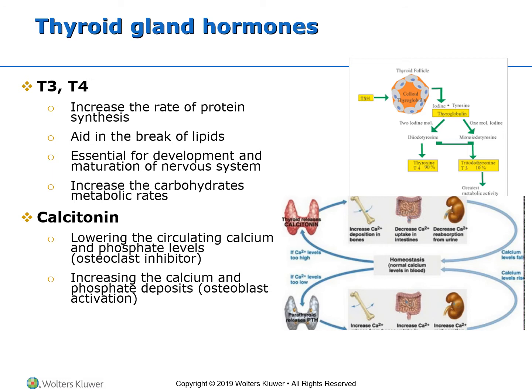The parathyroid hormones, those that are secreted by the parathyroid glands, will have just the opposite activity, completely in a mirror, opposite activity from calcitonin. The parathyroid will stimulate the osteoclasts, will remove the calcium from the bones, and will increase the elimination of calcium in urine.